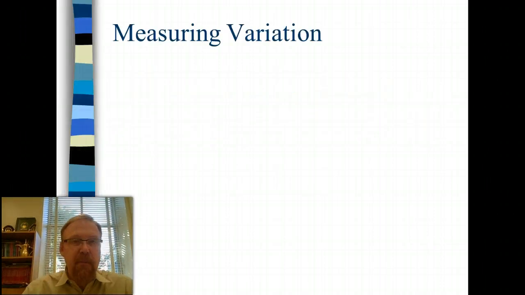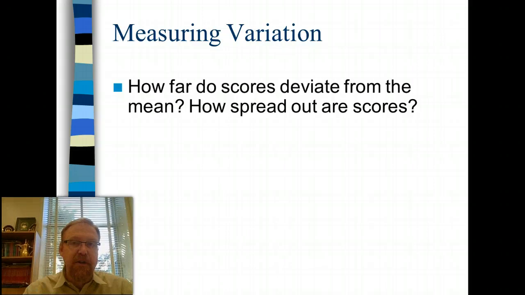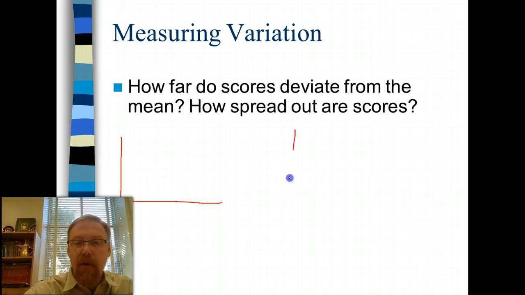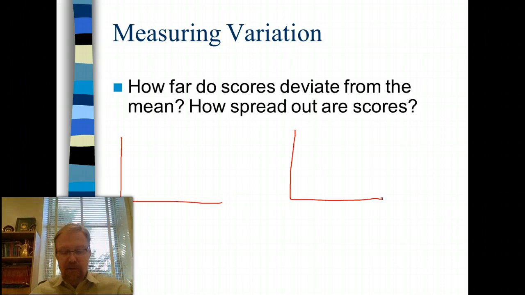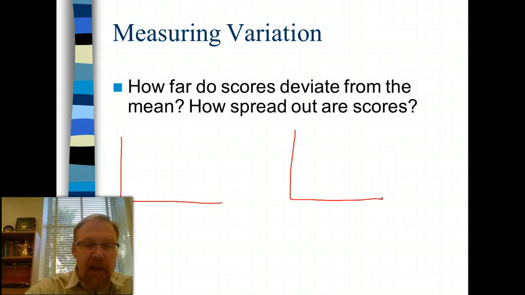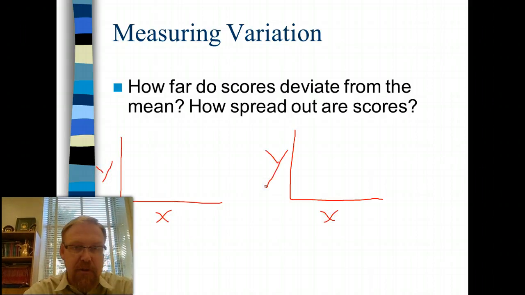Variation is the most standard way that we think of measuring variability, and it's simply a way for us to begin the discussion about how far scores deviate from the mean and how spread out the scores are. If you had a chance to look at the measures of central tendency screencast, you've already seen these little diagrams. Let's say we're plotting two variables, x and y, on a little scatter plot.